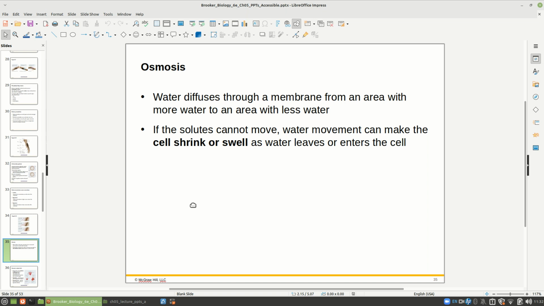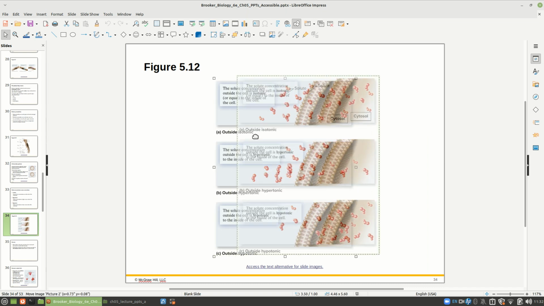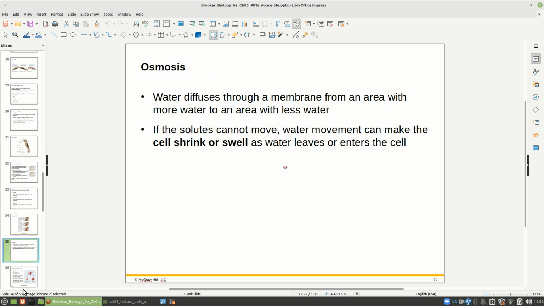It actually is, but it's equal and it's not causing the cells to swell or to shrink. So keep those terms in mind when you hear me say something like this term isotonic. Right here, you should be aware of, well, can't highlight it, you should be aware of this term.